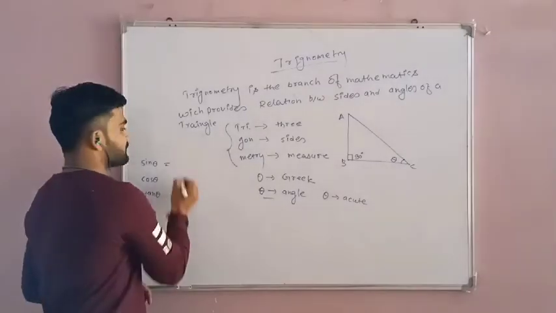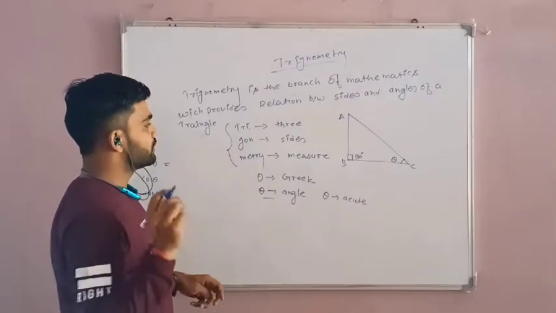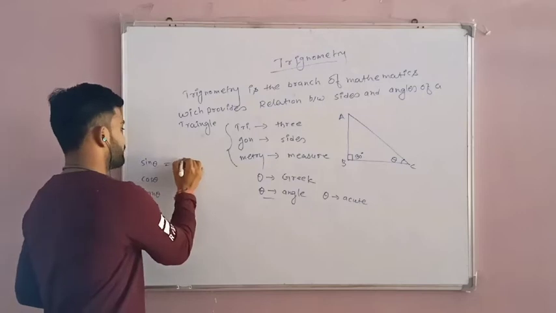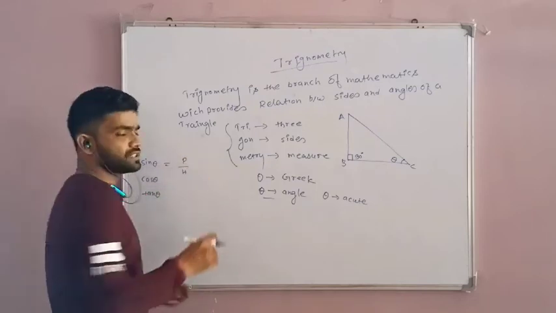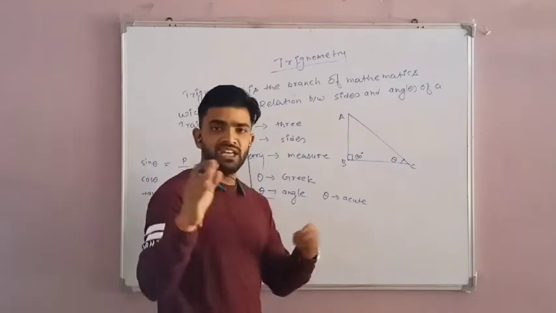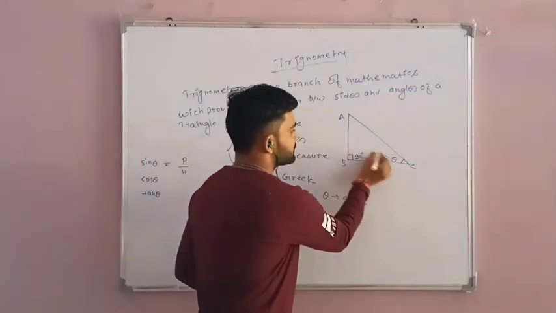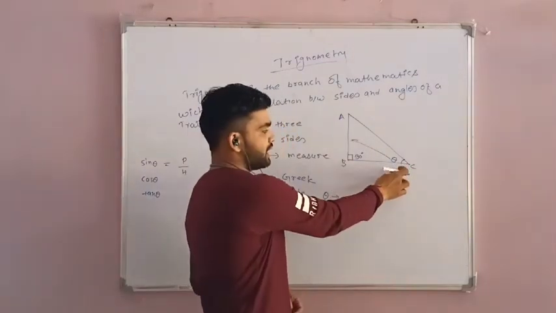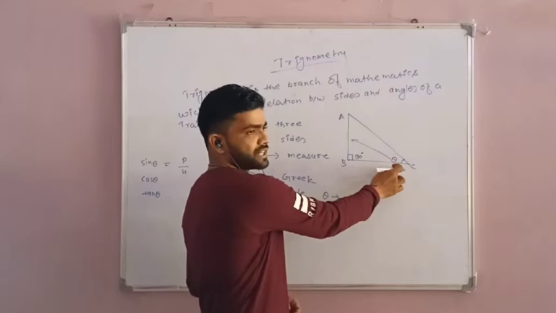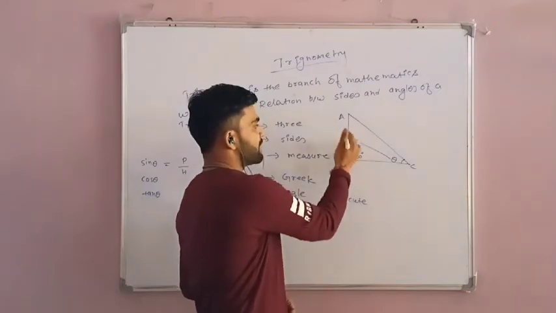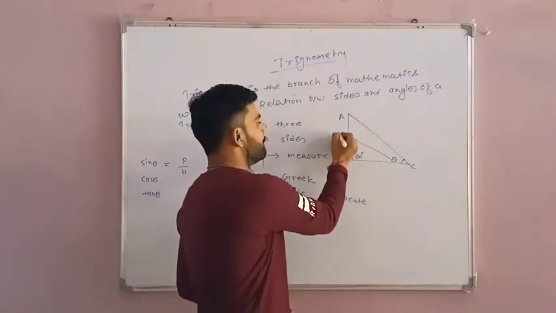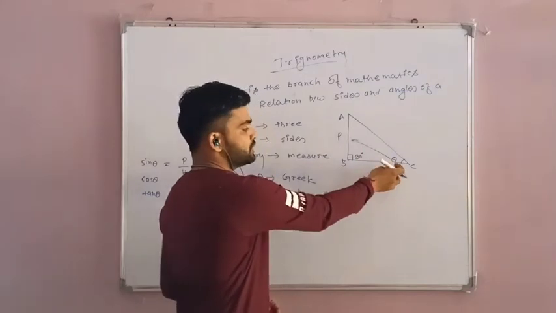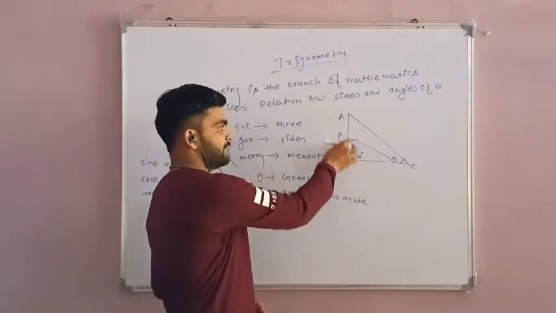Sin theta is the ratio of two things: perpendicular and hypotenuse. So what is perpendicular? In a right triangle, the side opposite to the theta angle is the perpendicular, represented by letter P. This is the side AB.